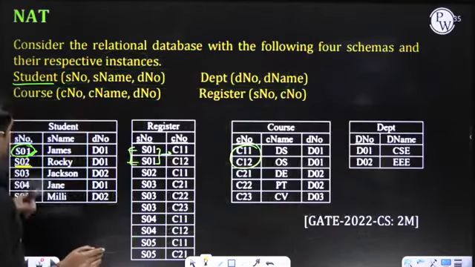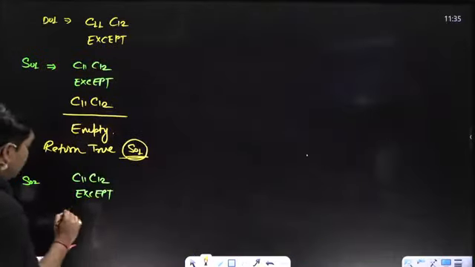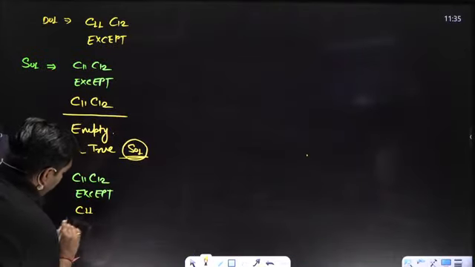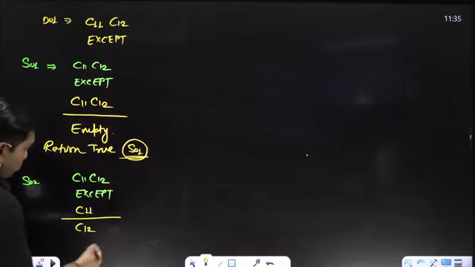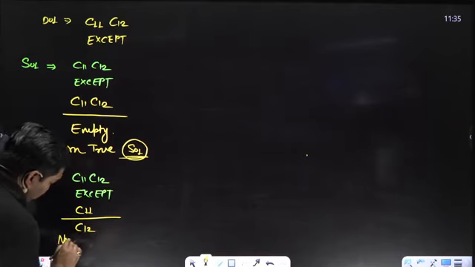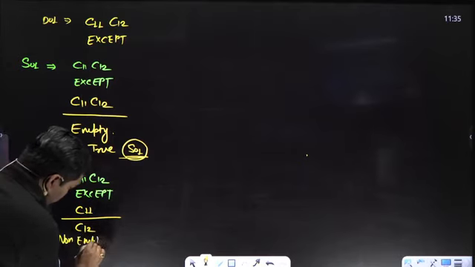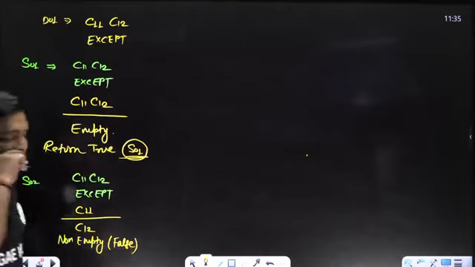S02 matches only C11, returning course number C11. So what is the output, my dear? C12. So it is non-empty, so not exists returns false, and no value will be selected.